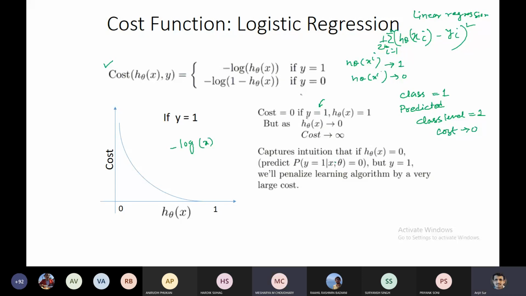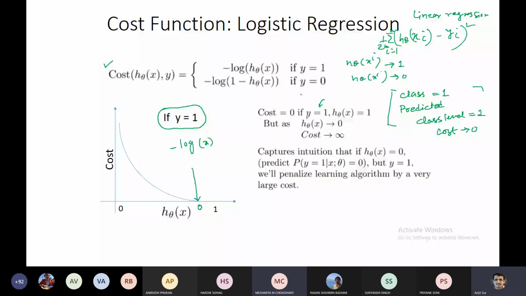So if y is equal to 1 and h theta x is close to 1, the cost is downgraded to 0.